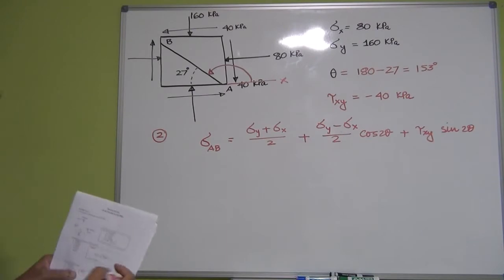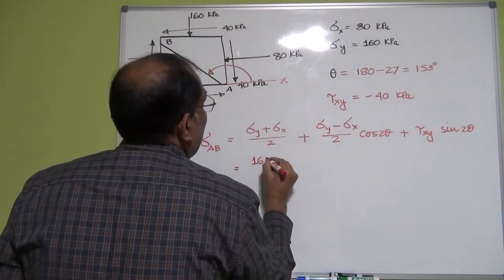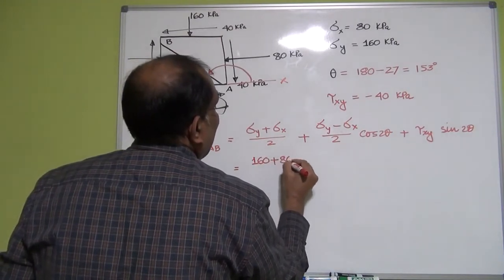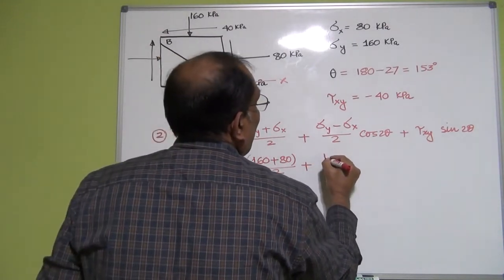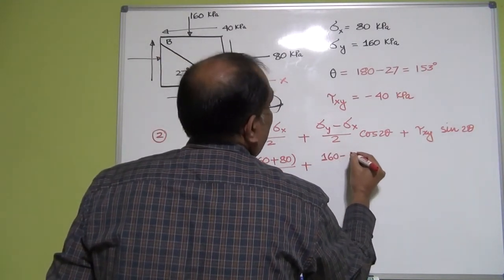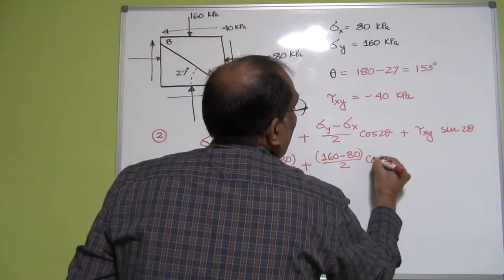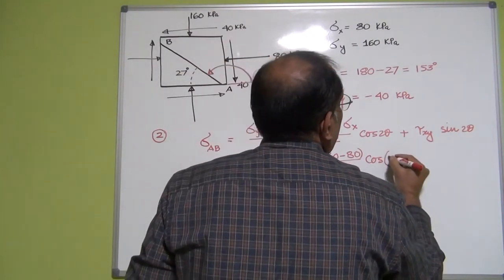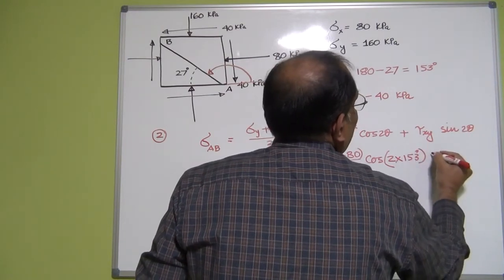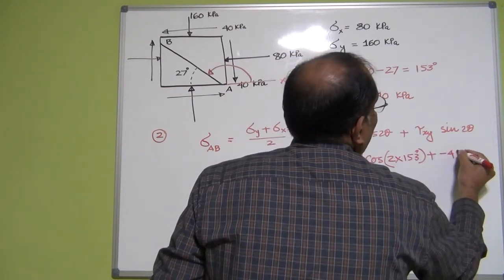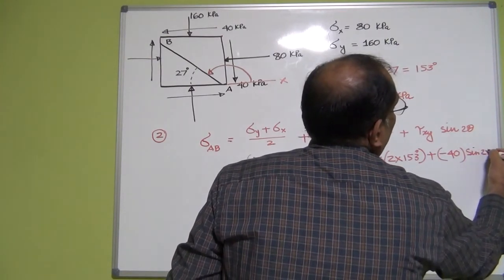So if you plug that value here, then basically you will get 160 plus 80 divided by 2 plus 160 minus 80 divided by 2 cosine 2 into 153 plus minus 40 into sine 2 into 153.